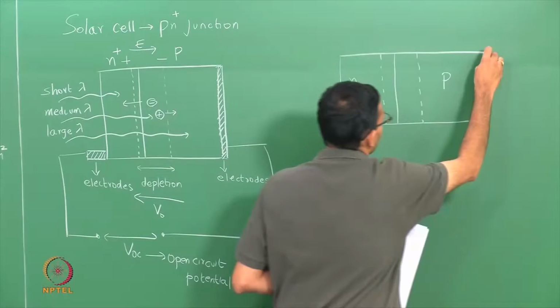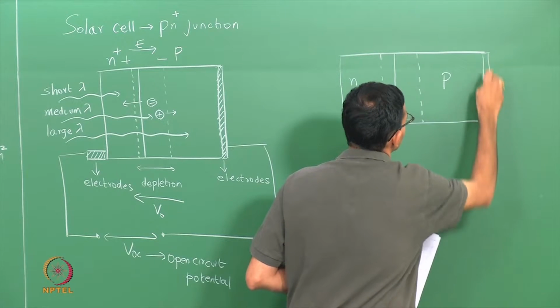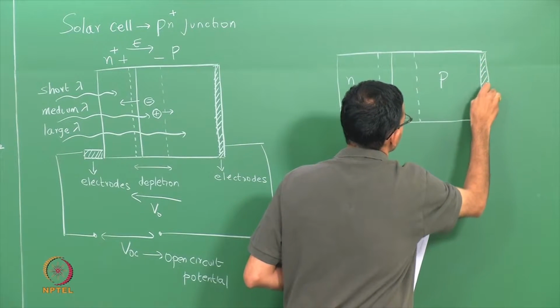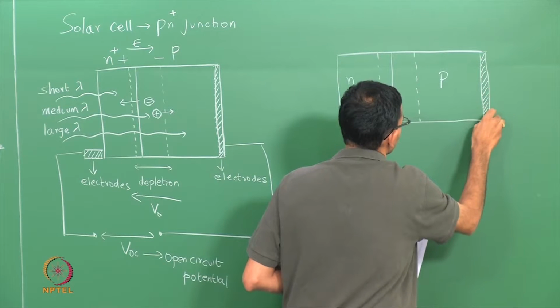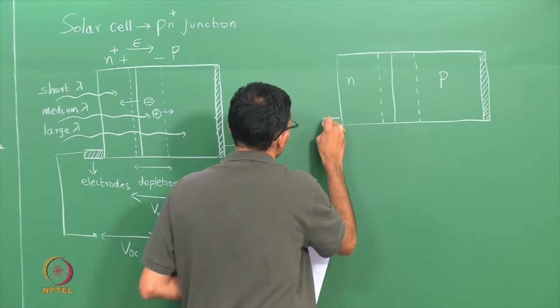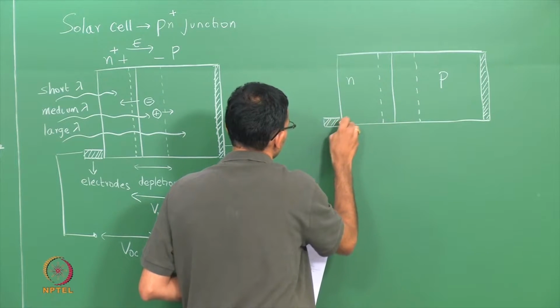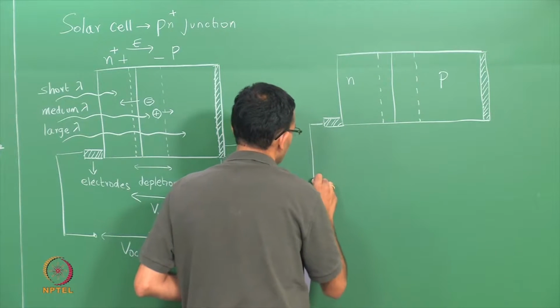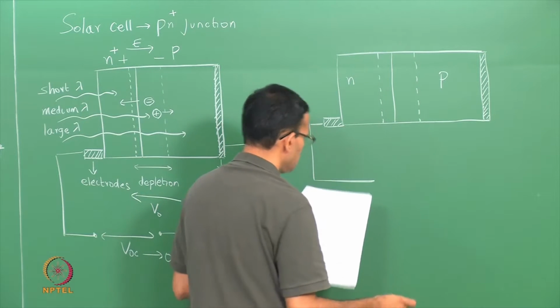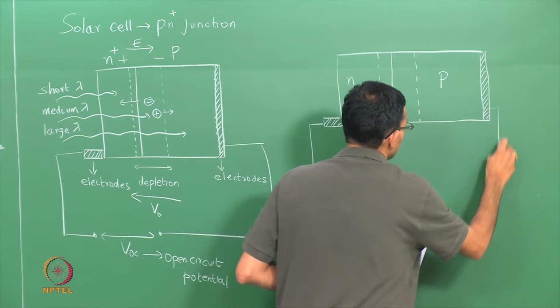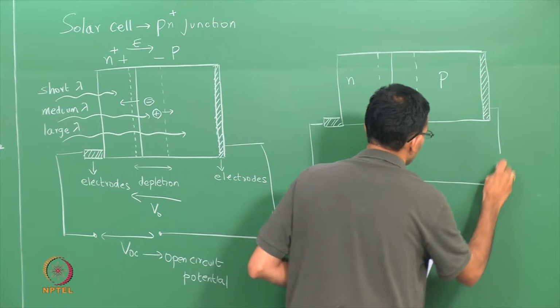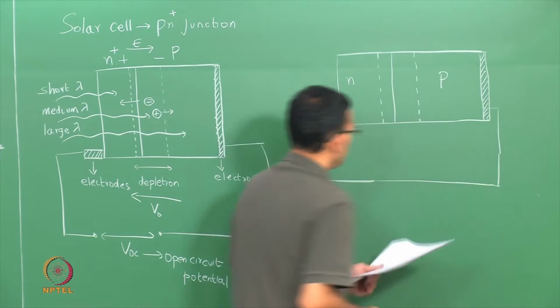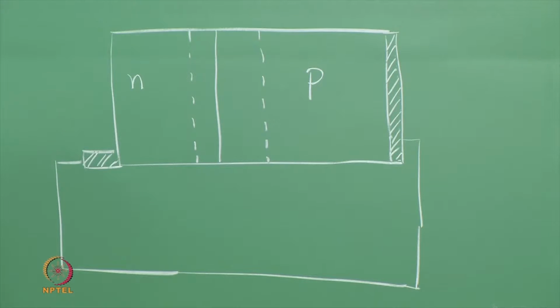So, we have the electrodes on both sides, and instead of having an open circuit, we make the electrical connections so that current can flow.